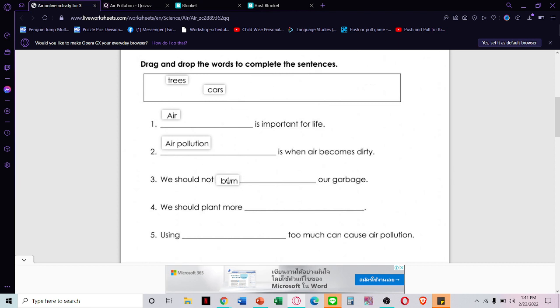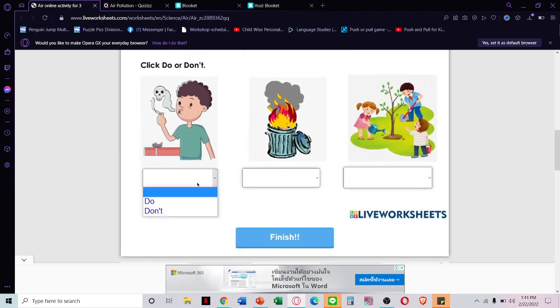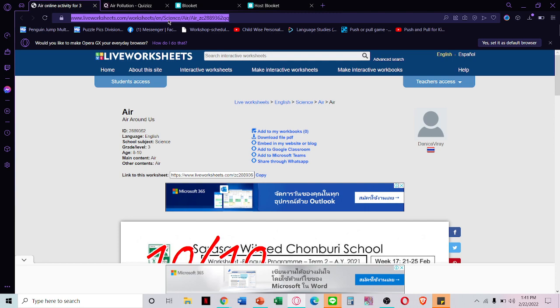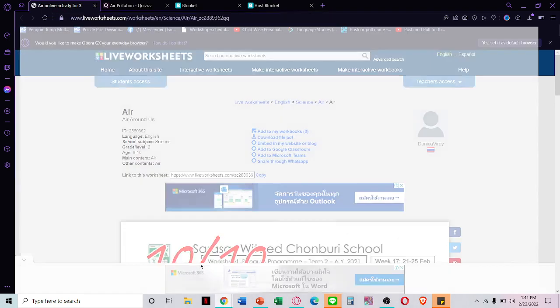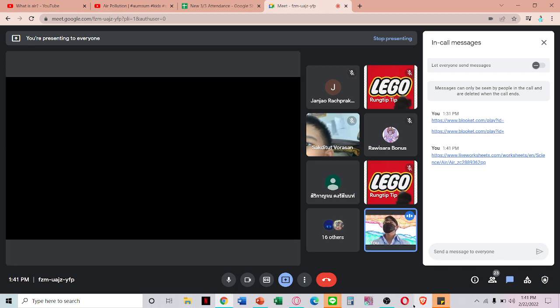We should plant more trees. Using blank too much can cause air pollution. Cars. Next, is it a do or don't? Don't. Do or don't? Do. And done. Very easy. There. Answer now.